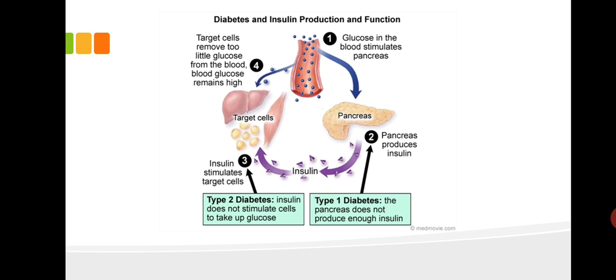And this is the representation of type 2 diabetes and type 1 diabetes. Glucose in the blood stimulates the pancreas, so the pancreas produces insulin. In the case of type 1 diabetes, the pancreas does not produce enough insulin, so the bloodstream shows elevated levels of glucose.